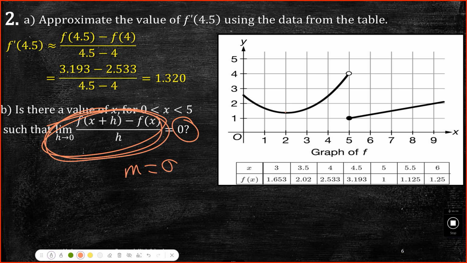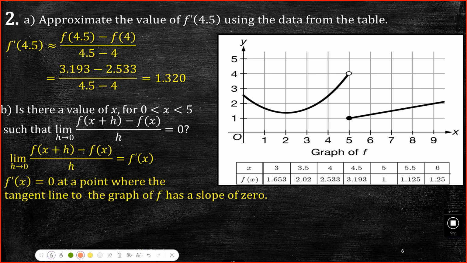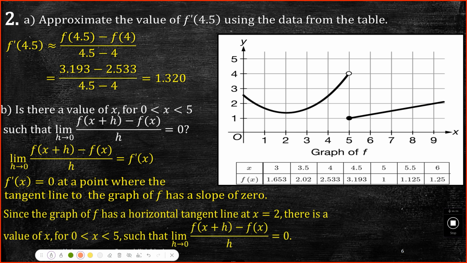The only point here that I see where you can get a horizontal tangent line is there. This right here always has a constant positive slope, not there, and so x equal to 2 would be the only candidate. F prime of x is equal to 0 at a point where the tangent line to the graph of f has a slope of 0, and that would be where x is equal to 2.